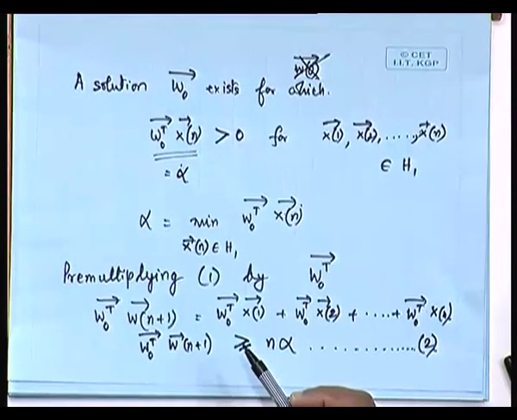Going by the Cauchy-Schwarz inequality, if we individually take the squared norms of the two vectors W0 and Wn plus 1 and multiply them together, that should be greater than or equal to the square of this dot product, W0 transpose Wn plus 1.